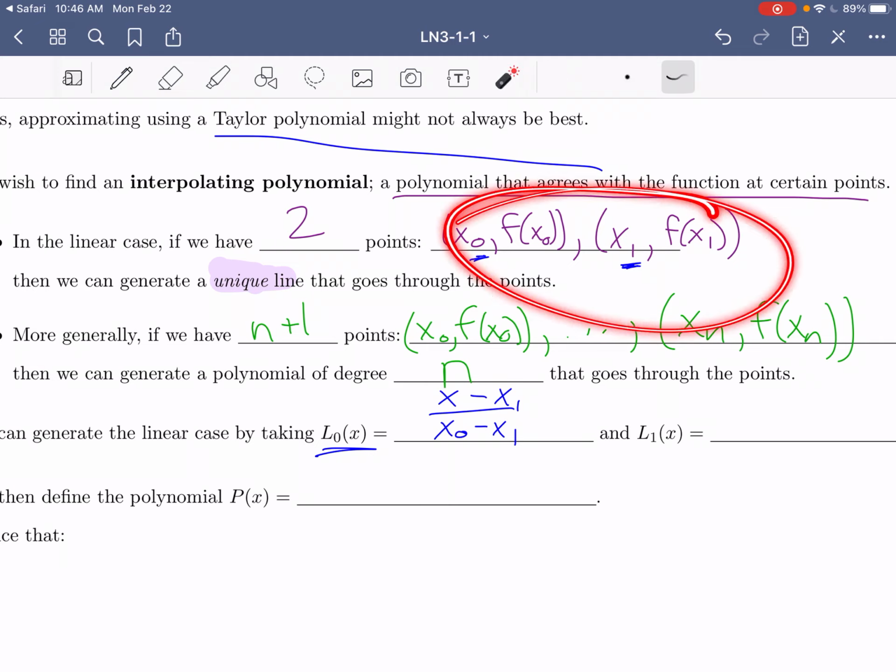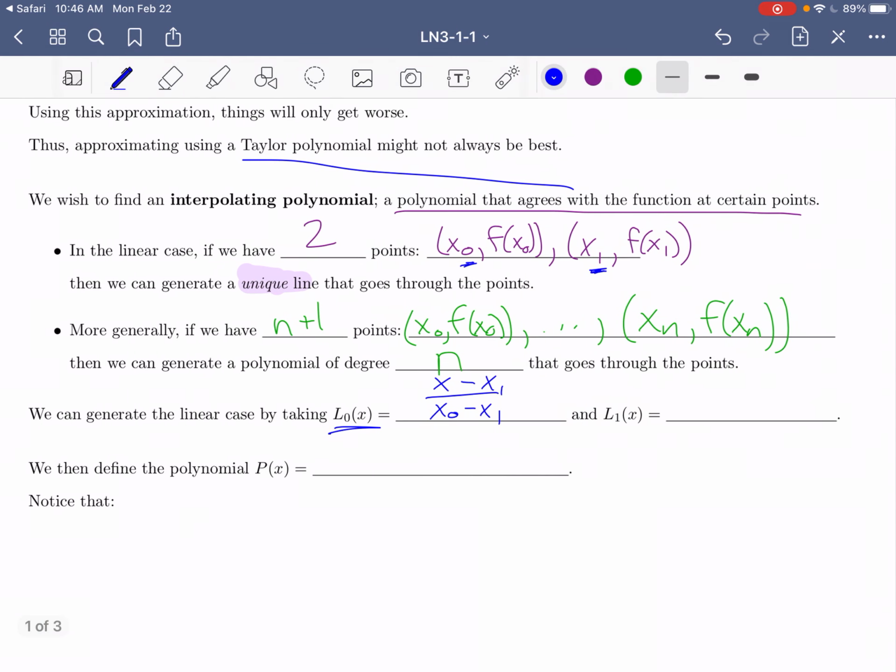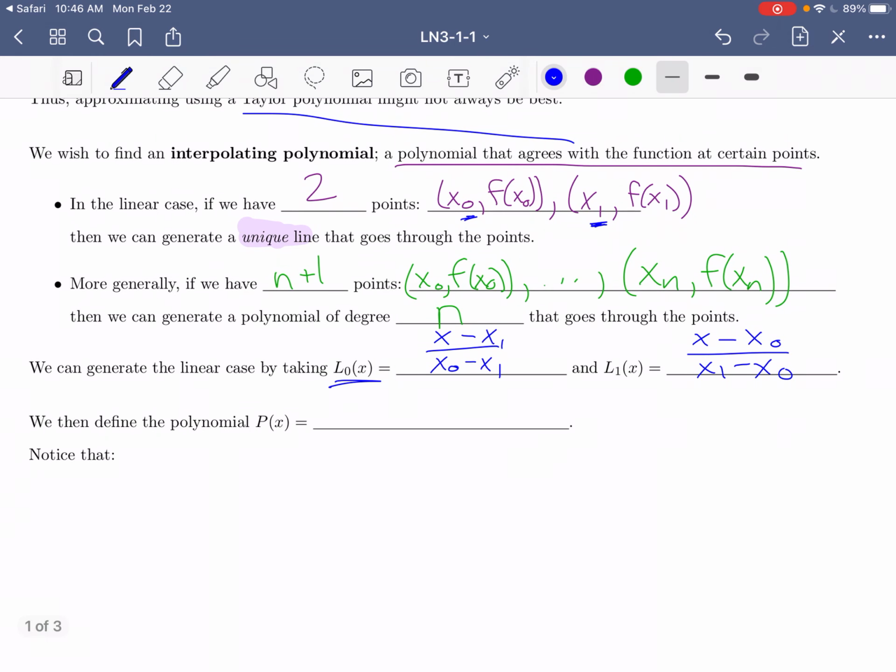So from up here, those are known x values. That's how we'll define L0. The way that we define L1 is the same, but kind of backwards. So we have x minus x0, and then x1 minus x0. Those aren't the polynomial, those are building blocks to the polynomial.